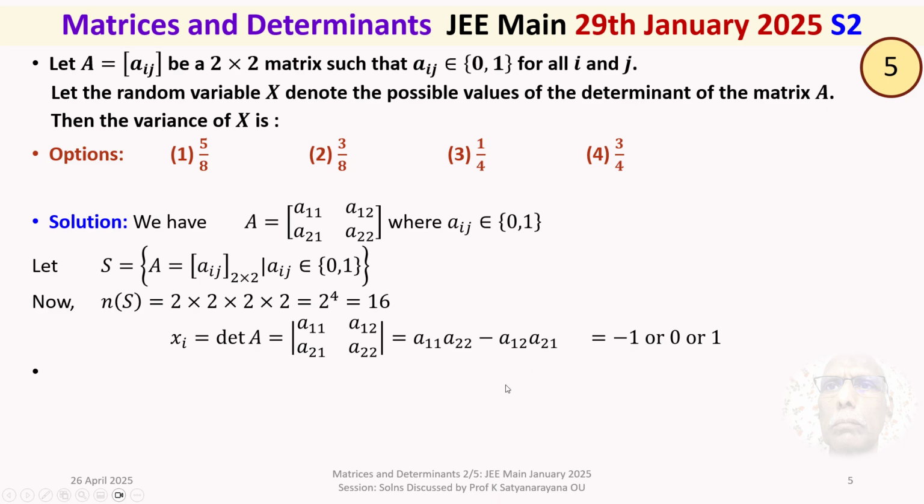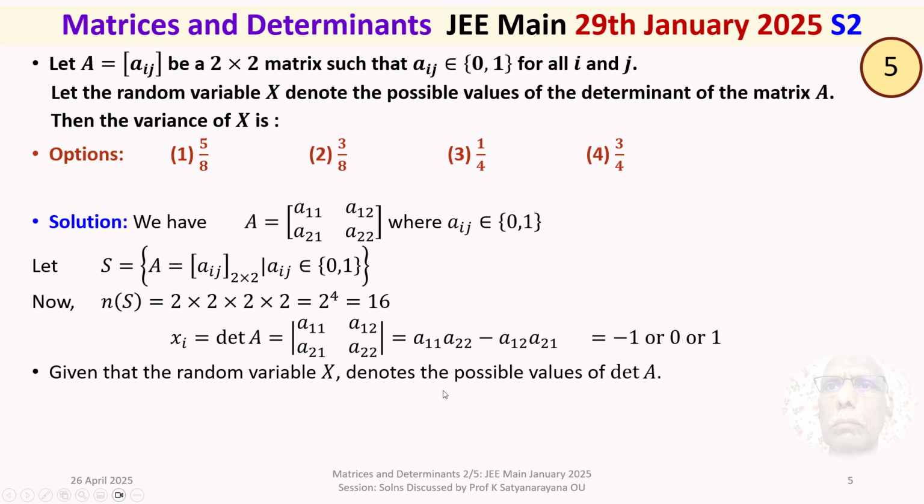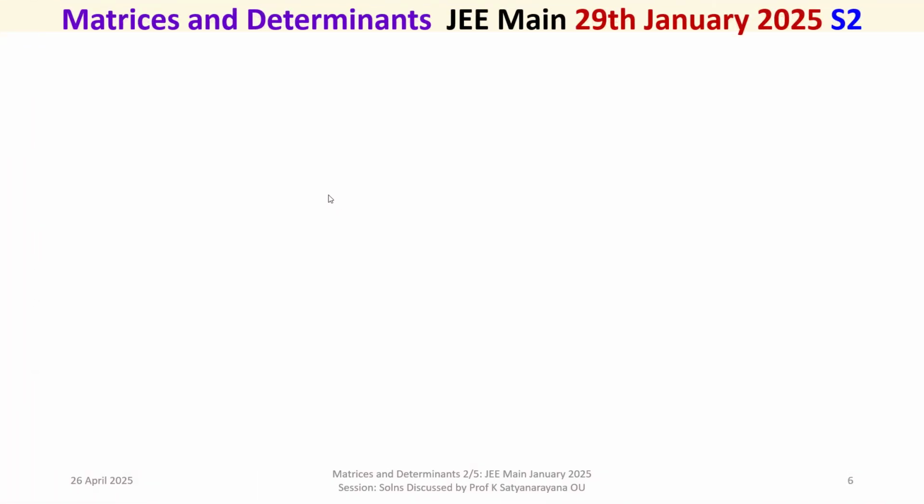Capital X is the random variable which denotes the possible values of the determinant of A. Now, capital X is equal to xi. Xi is the determinant of A, and it is minus 1, 0 or 1. So capital X can take the values minus 1, 0 or 1. We continue in the next slide.